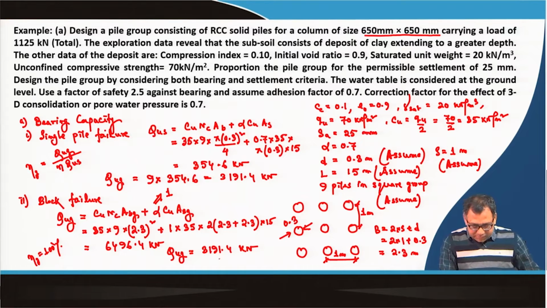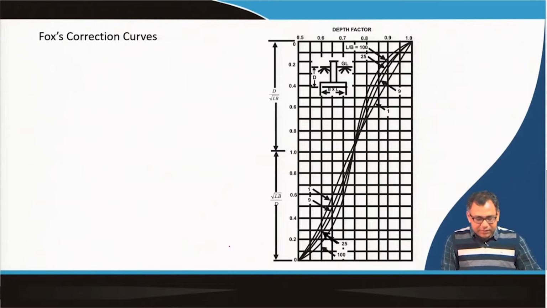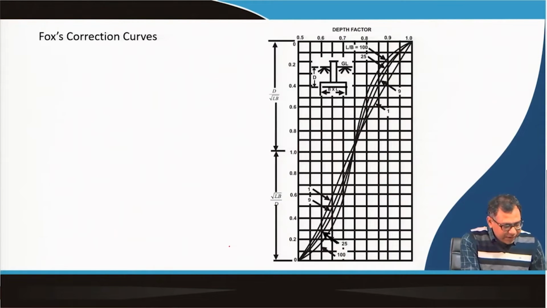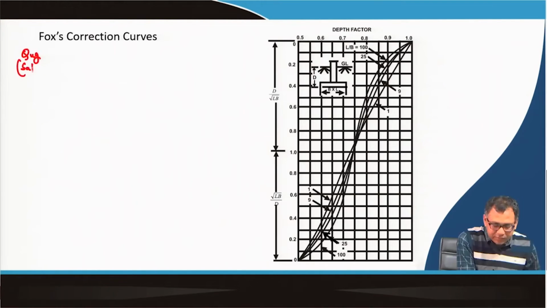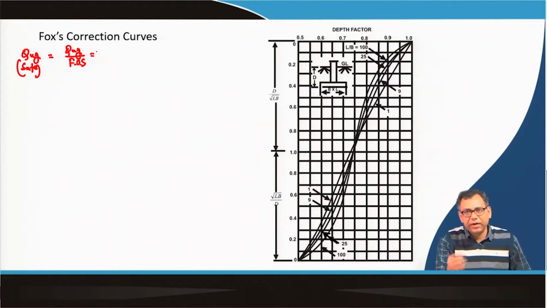And the group value is 3191.4. So, what will be the factor of safety? Let us determine that. The safe load will be Q_UG divided by the factor of safety, and the factor of safety we take as 2.5 to 3.